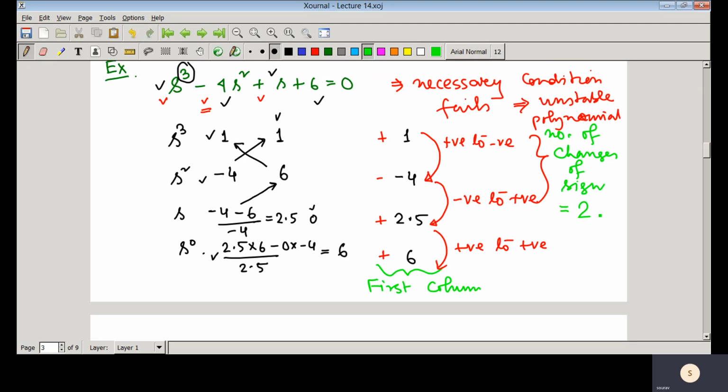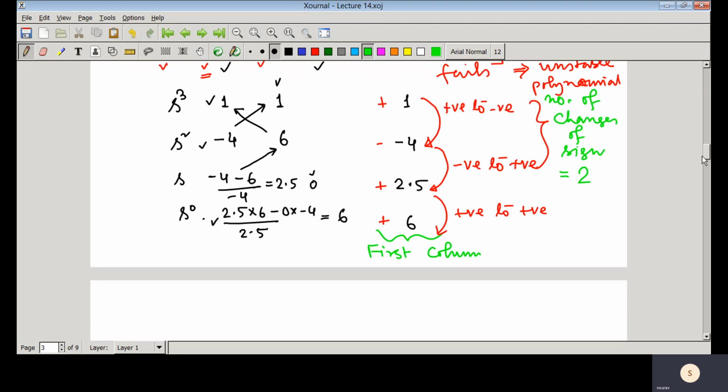So according to the Routh-Hurwitz criteria, 2 roots are in the right half of the S plane.